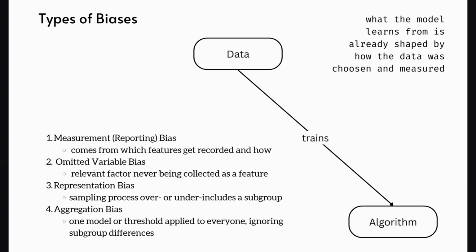First is the measurement bias. It happens when the feature you have selected does not do what it is intended to do. For example, let's say you have a fitness app. According to your idea, the app should classify which people are active and which are not, and a feature you have chosen is the number of steps a person takes every day, as it relates to how active they are.